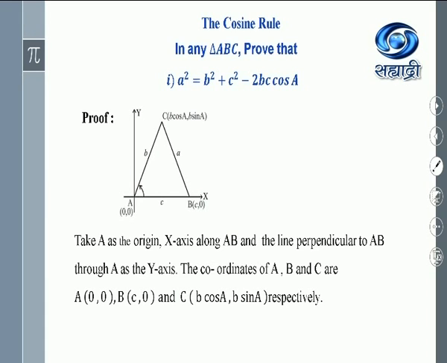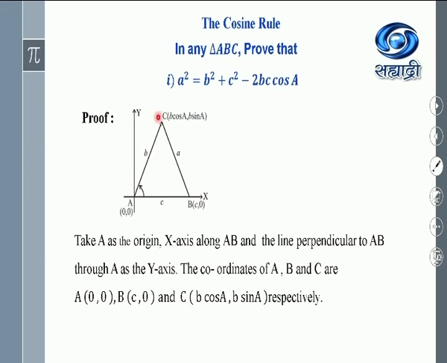So here, we are assuming this as the x-axis and this is the origin, this is angle A. Now, the vertex is always given by the same letter as the angle. Means vertex is A and the angle is also A. Vertex is C, then the angle is also capital C, like that.